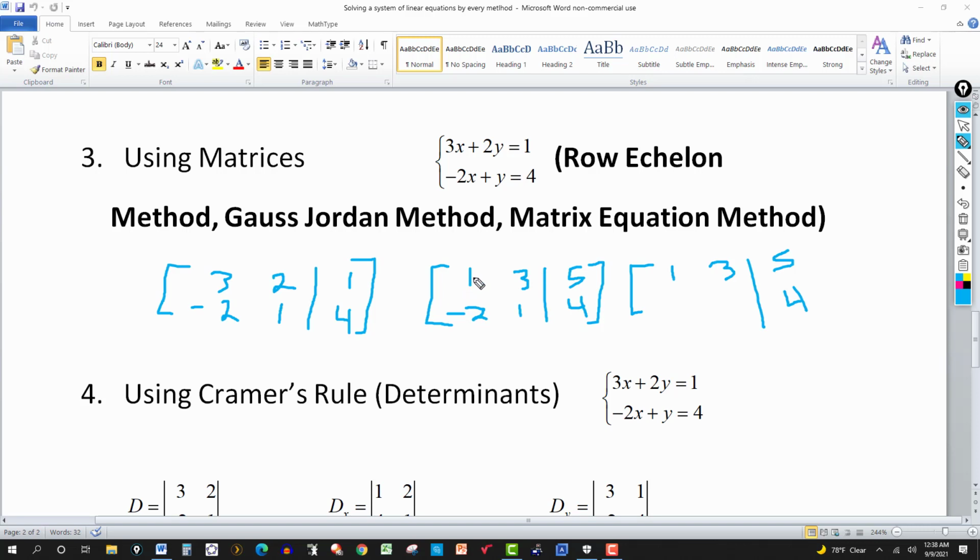So 2 times 1 is 2, added to the negative 2, this is a 0. 2 times 3 is 6, and 1, that's a 7. And then 2 times 5 is 10, and 4 is 14. So again, I multiply the first row by 2 all the way across and add it to the second.